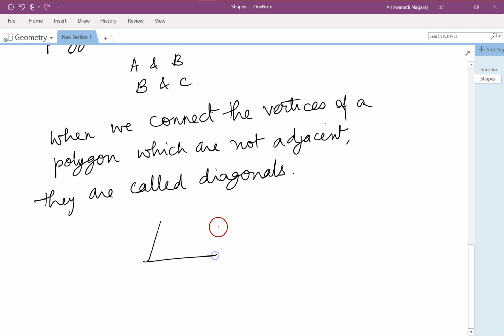So A, B, C, D. So if we connect these two, this line and similarly this line, they are called diagonals.